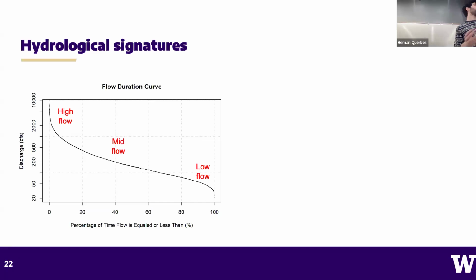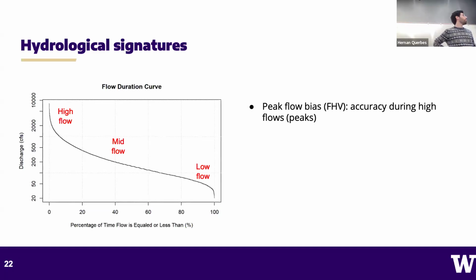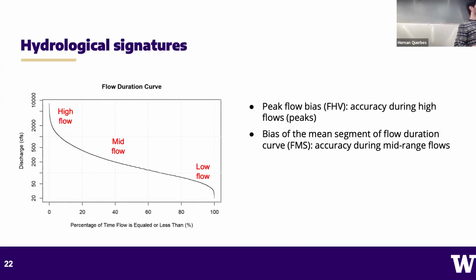But for higher flows, that probability is much less. Then we look at the 3 sections of the hydrograph: high flows, mid flows, and low flows, and basically compute a bias for each section of the hydrograph. Those are basically the last 3 metrics.